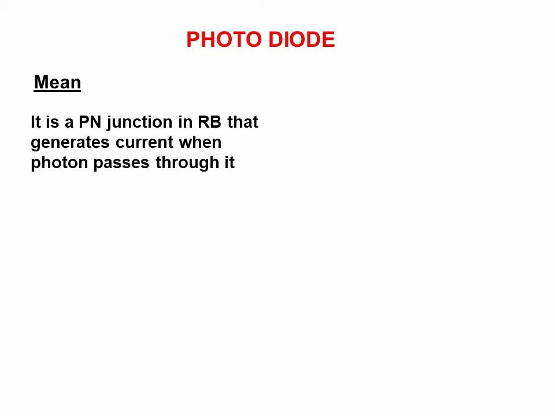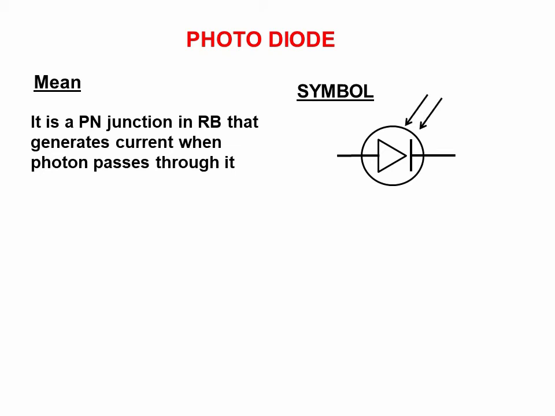That means light energy converts into electrical energy. The symbolic representation of the photodiode is the diode diagram with two inward arrow marks towards the junction.